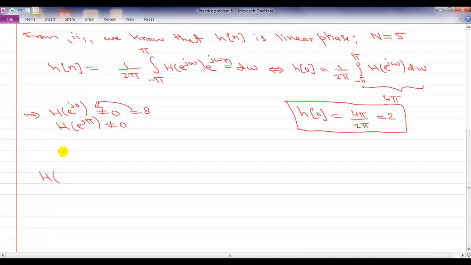So I have H of e to the j omega, that is simply equal to the sum from n equals 0 to 4 of h of n e to the minus j omega n. I'm just going to plug that in.